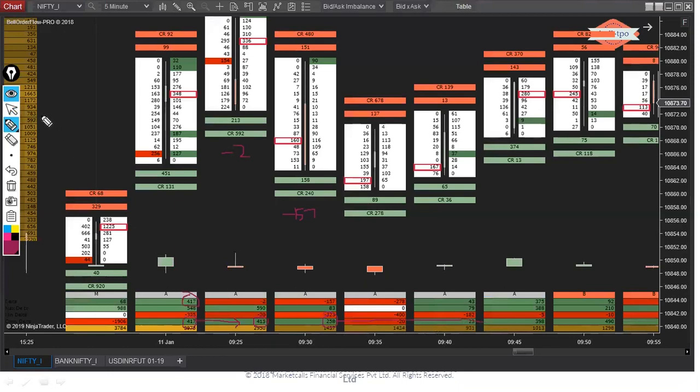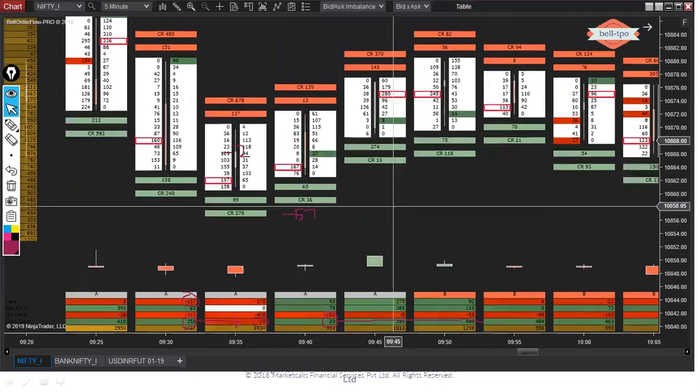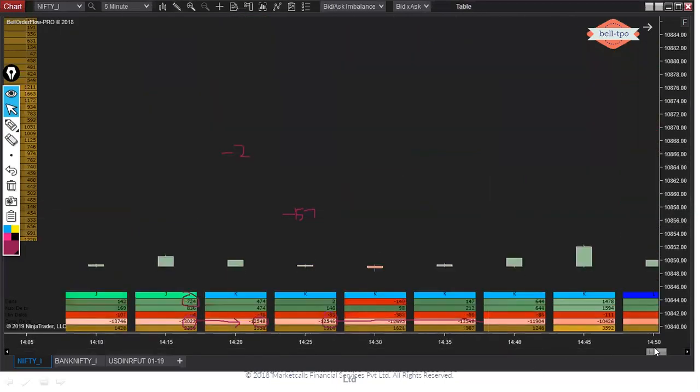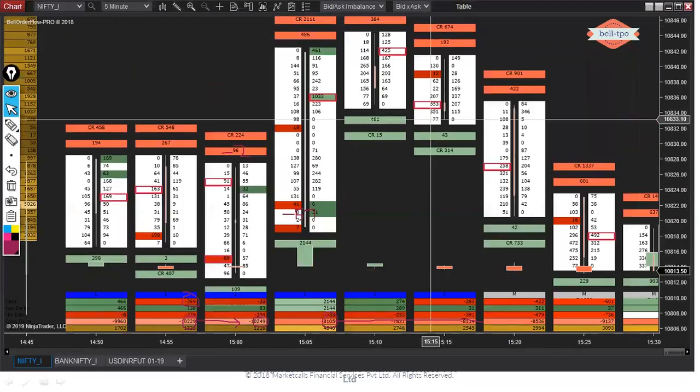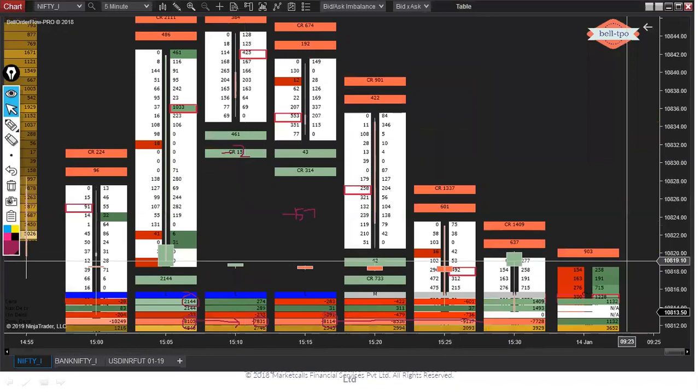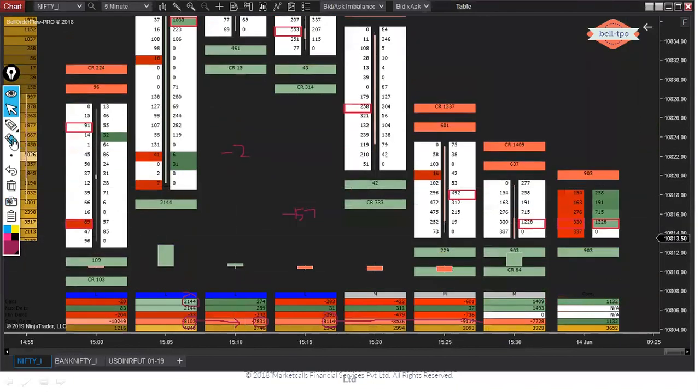So at the end of the day, if I come to the end of the day, the cumulative delta reading was 9,000. Okay, not 9,000, 7,728, a minus value. The value was represented in terms of minus. That means that particular day, the cumulative delta was -7728.